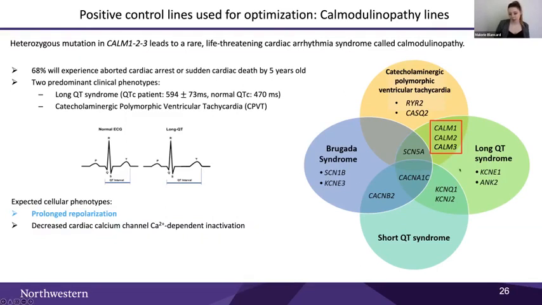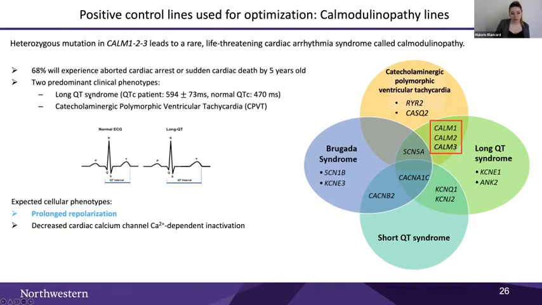I put this diagram, the same one you saw before, because here are the 3 genes. So that was just a little reminder. It's a really severe disease because 68% will experience a cardiac arrest before the age of 5 years old. There are 2 main clinical phenotypes.